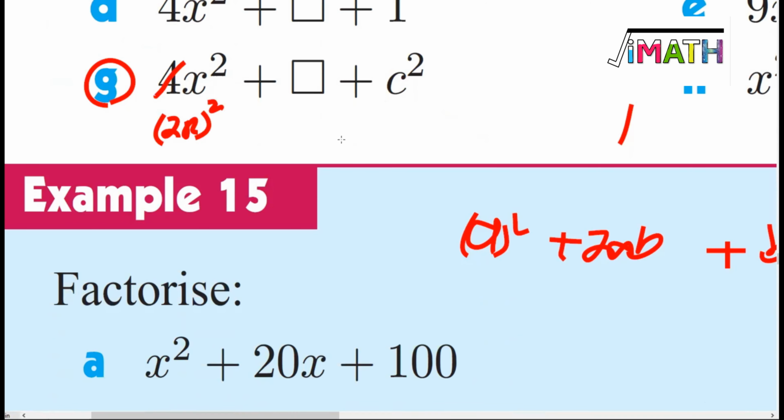Now we have the a and this 2 as our b. So the middle term would be 2 times 2x times 2, right? Yes, 2 times a and b.